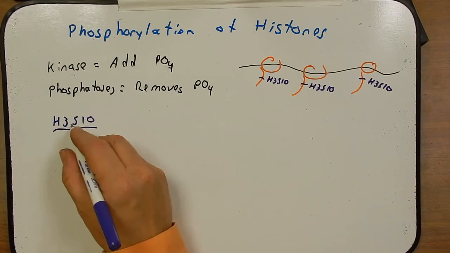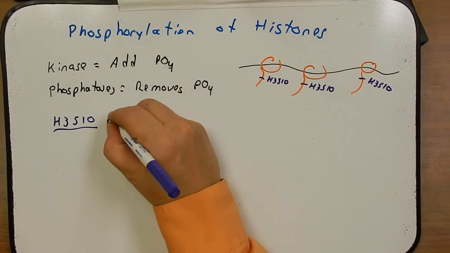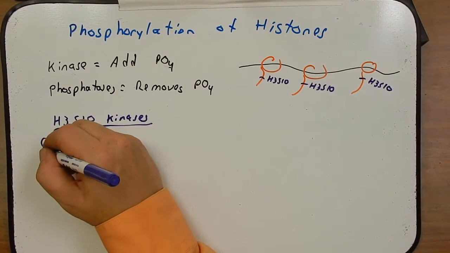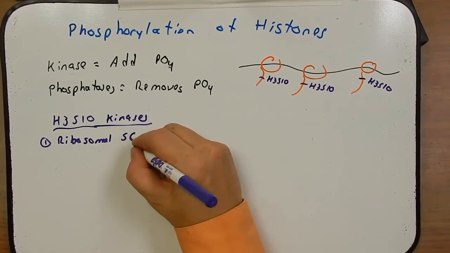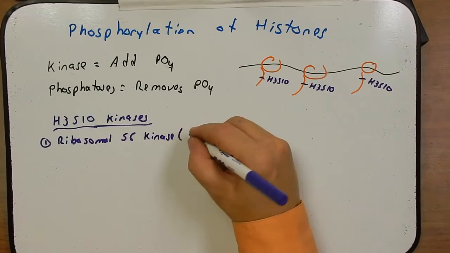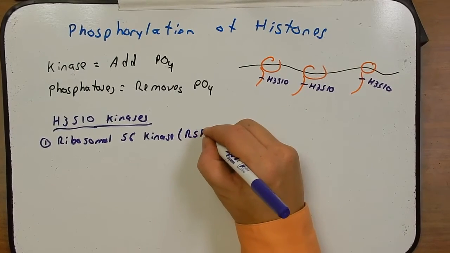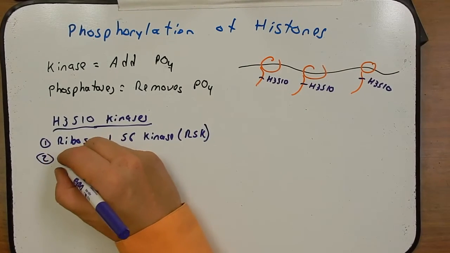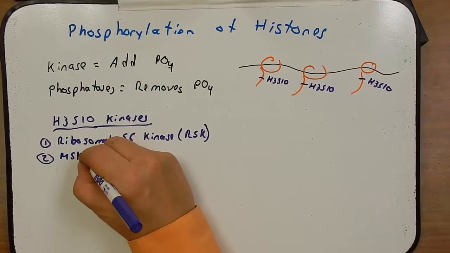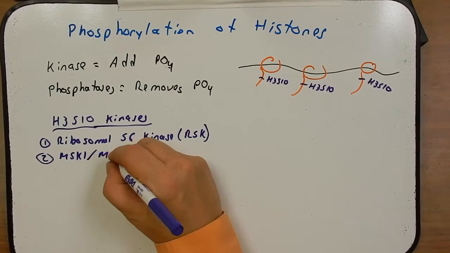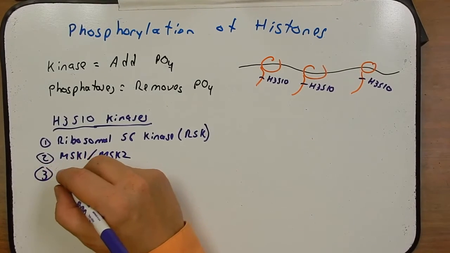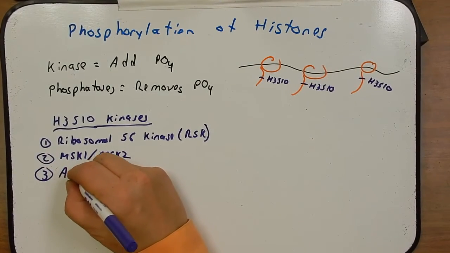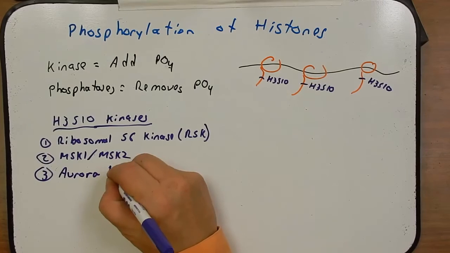So there are three types of H3S10 kinases. The first is one we call ribosomal S6 kinase, or RSK. The second one is MSK1 and MSK2. And the last one are these Aurora kinases.